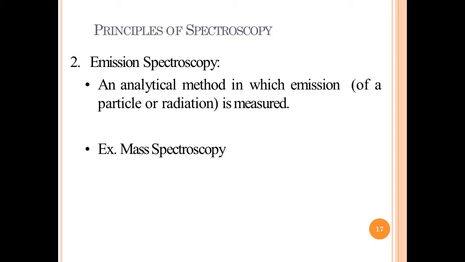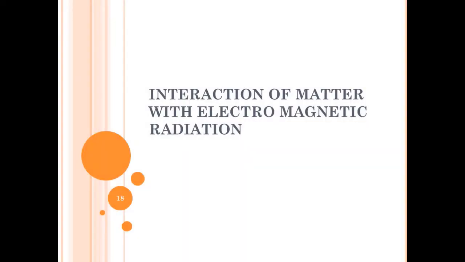It wishes to come to the ground state immediately by releasing the excess energy that was absorbed. If you measure the released energy, which we call emitted energy, that spectroscopy is called emission spectroscopy.